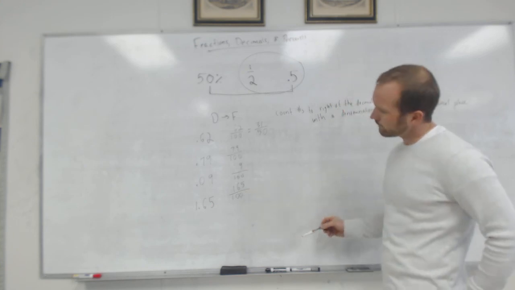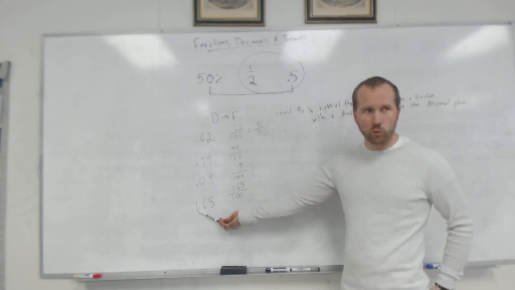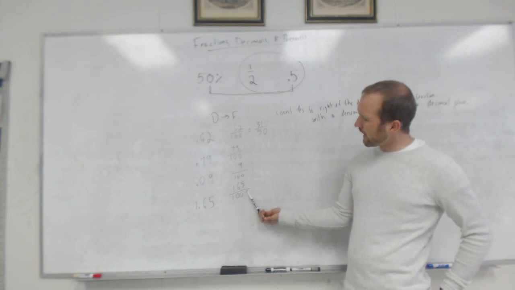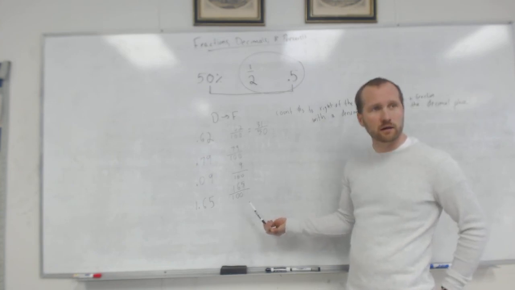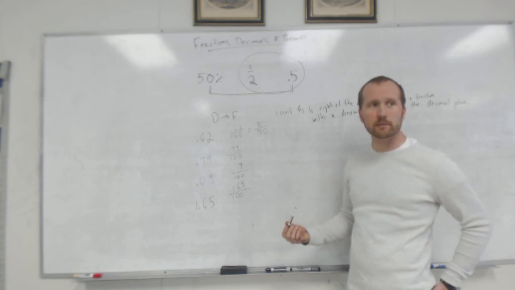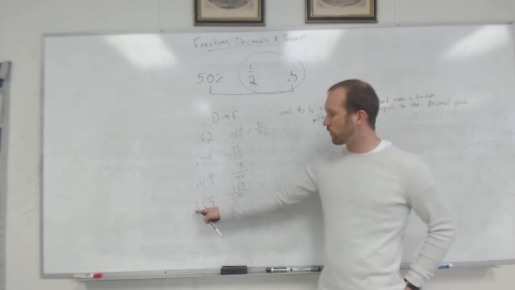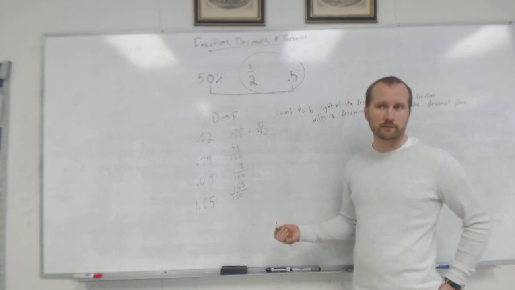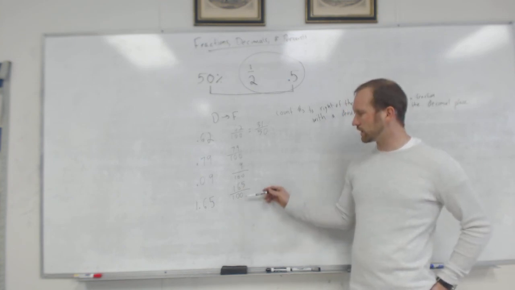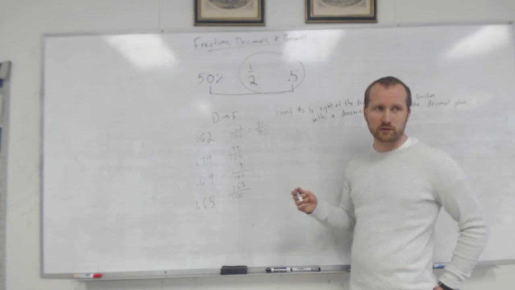Now, think about it. This number is bigger than 1. This fraction has a numerator bigger than the denominator. We could make it a mixed number. We could make it 1 and 65 over 100. That's another way of doing it. But in algebra, I actually like improper fractions better than mixed numbers.